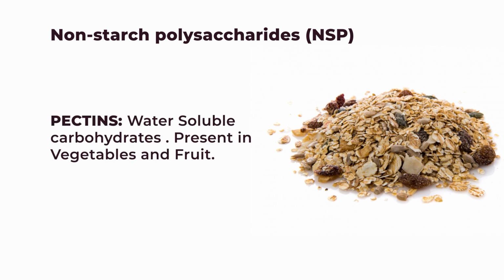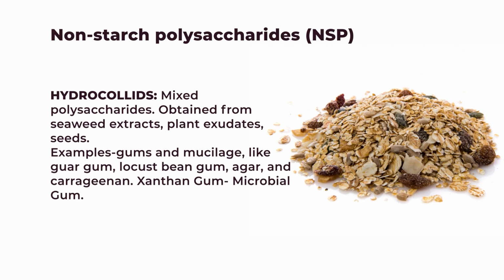Pectins are water soluble carbohydrates present in vegetables and fruits, particularly papaya. Hydrocolloids are mixed polysaccharides obtained from seaweed extract, plant exudates, or microbial gums like xanthan gum.